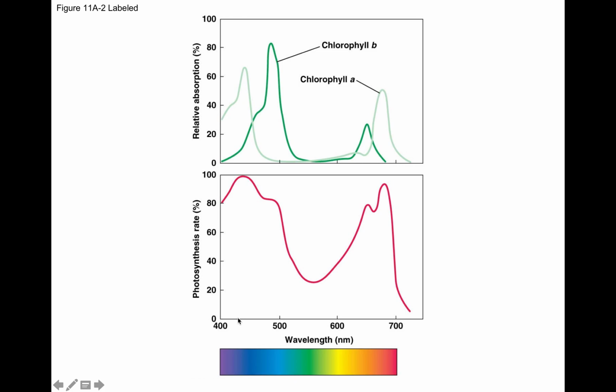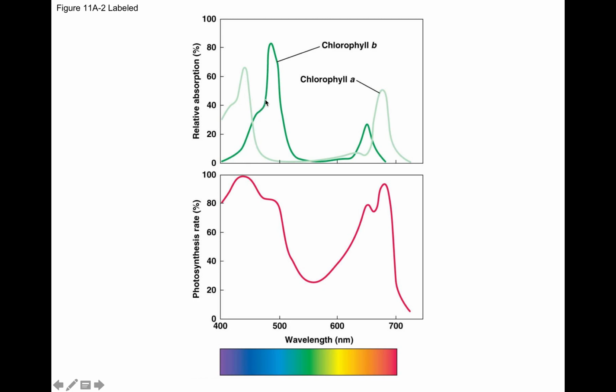And then you go to 410 and 420 and 450, 460, 500. So around 480 nanometers, the amount of light that chlorophyll B can absorb is the most, and then it decreases at higher wavelengths, but there's another peak around 640. And then chlorophyll A has a different absorption spectrum in that it absorbs maximally at different wavelengths.